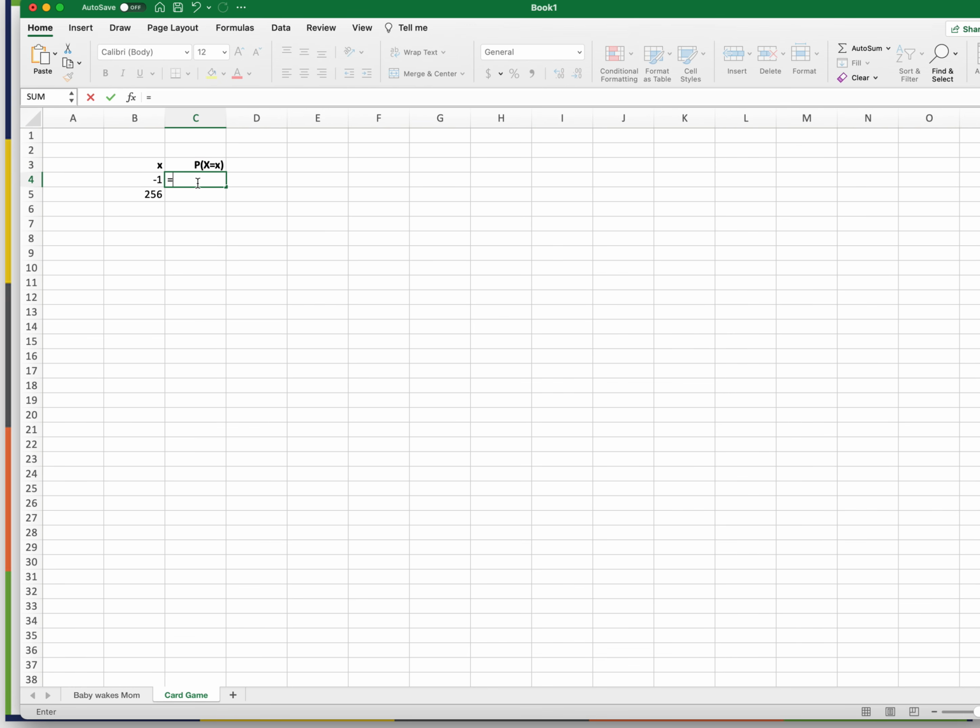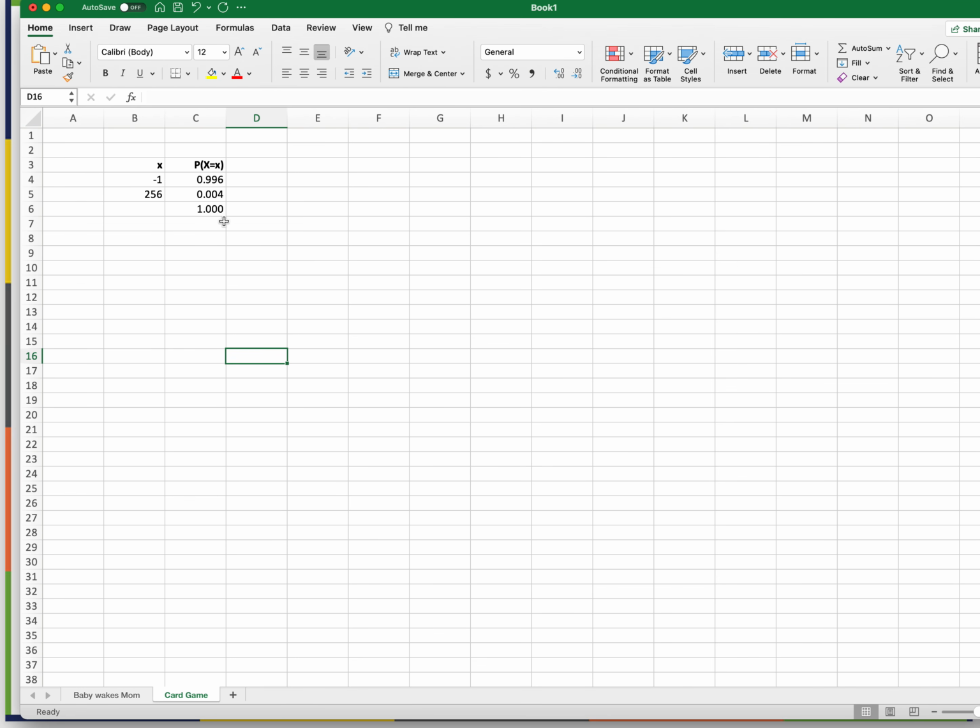Well, we said that was 255 divided by 256. And the probability of this one was just 1 divided by 256. If I add those two up, they should be 1. And it is. Let's make this 3 decimal places. So the probability of winning is 0.4%, and the probability of losing is 99.6%.